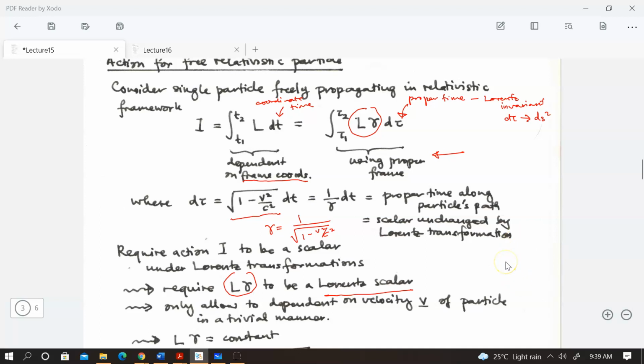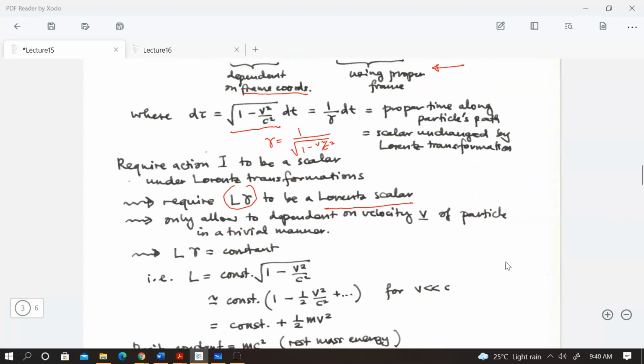So how can we actually do this? In order to make this a Lorentz scalar, you can only allow your path to depend on the velocity of the particle in a trivial manner.